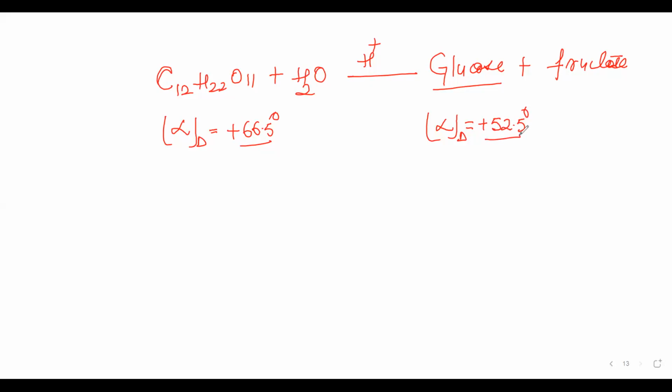Because जब आप ग्लूकोज का solution बनाओगे so you know that your cyclic alpha form or cyclic beta form will change into the equilibrium open chain structure जिसकी rotation है 52.5 and the specific rotation of fructose is minus 92.4 degree.